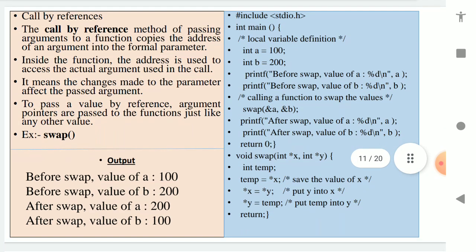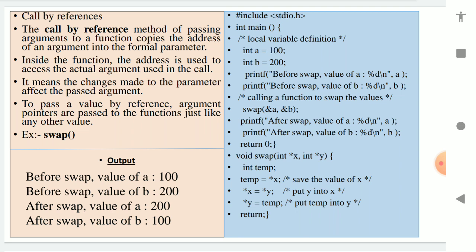Call by reference. The call by reference method of passing arguments to a function copies the address of an argument into the formal parameter. Inside the function, the address is used to access the actual argument used in the call.